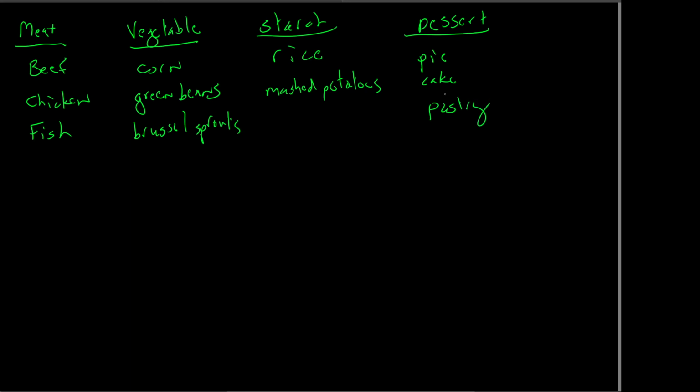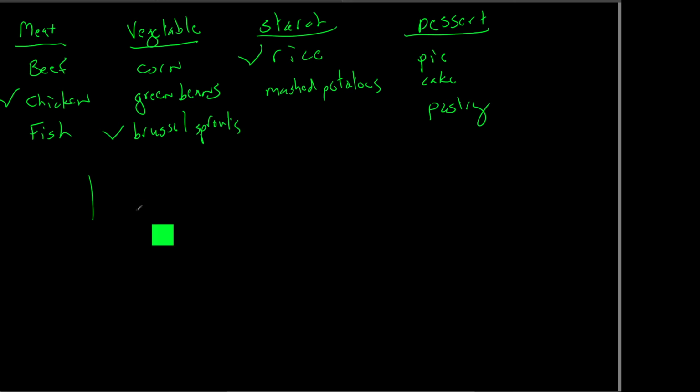Now, you usually get a little card and you check off, I want chicken, I want Brussels sprouts, I want rice, and I want to have a pastry as my dessert. And they can slap this together coming through. But these options actually create a large possibility.